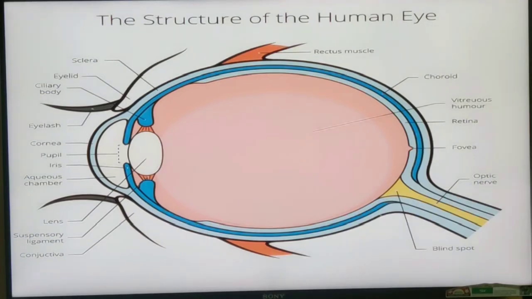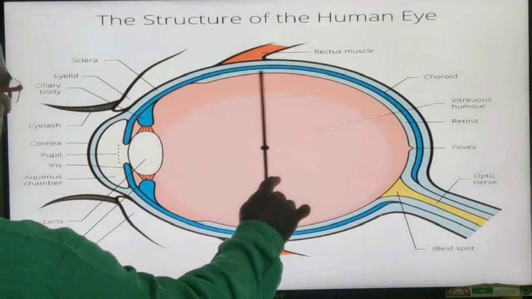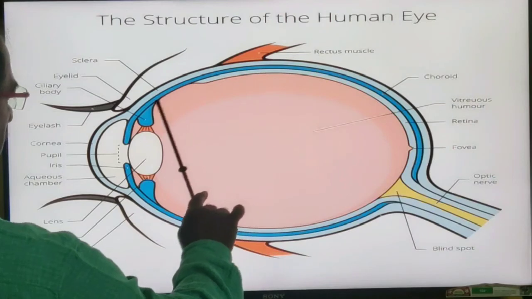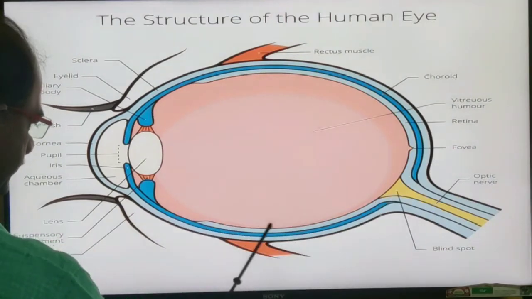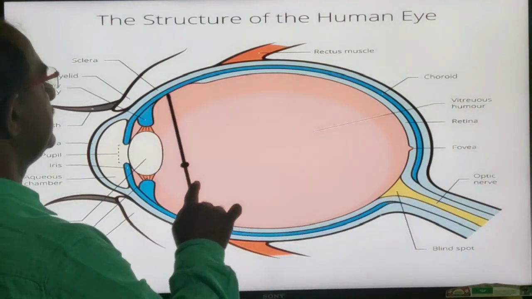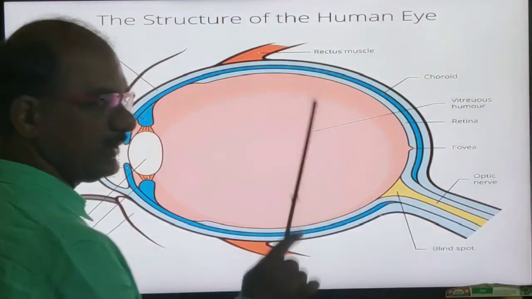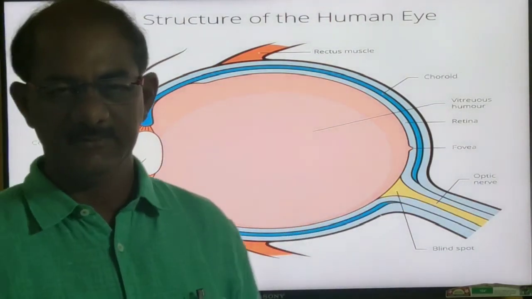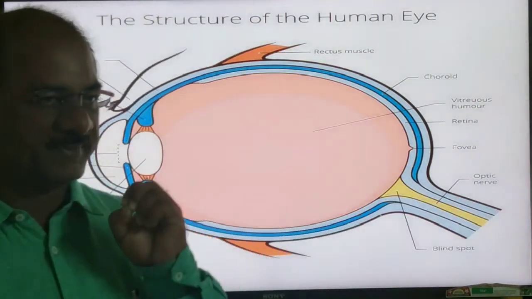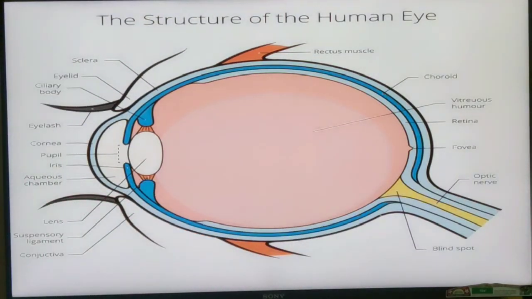And the innermost, incomplete, light-sensitive and nervous layer of this eyeball is called the retina. The retina is also called the optical part, and thick pigments are also present.